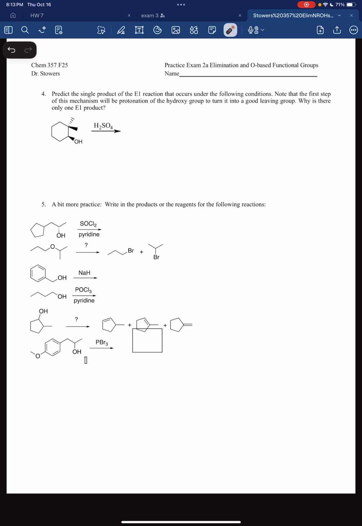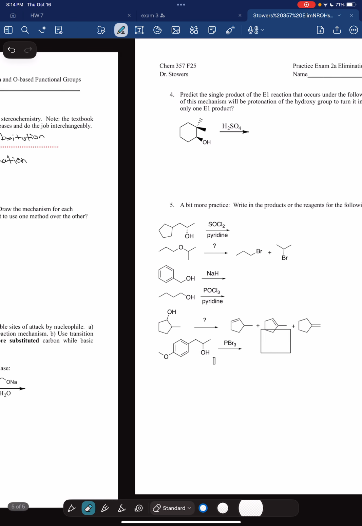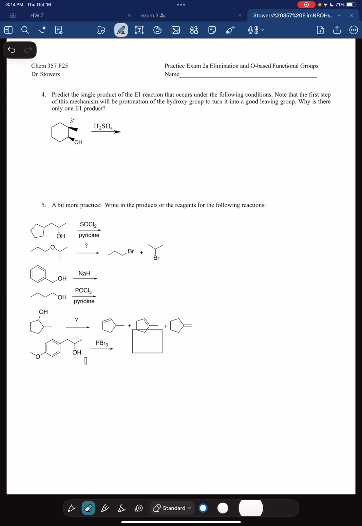It's going to be hard initially to know everything behind that well enough to say, oh, I know the product right off the bat. So for a while, just draw the mechanisms, and it'll be really helpful in getting down the conceptual side rather than just memorizing it. A lot of people try to memorize their way through OChem, and you can get by, it just will take a lot more work. That would be my recommendation for all of those problems.